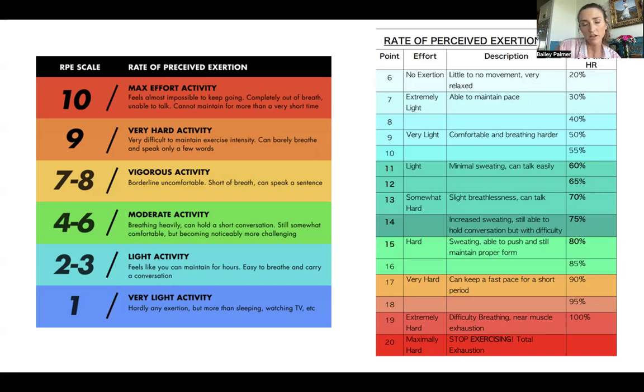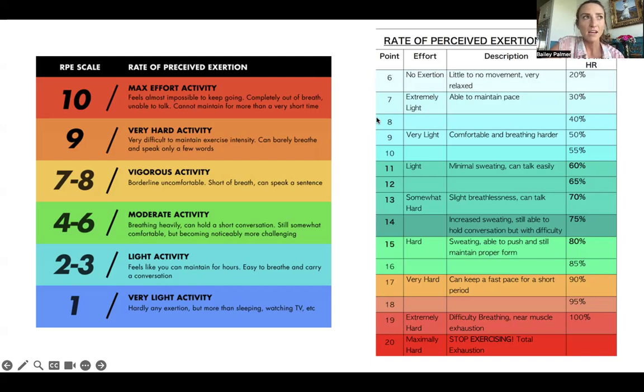One that's not on your slides, but I will talk about it right here, is called the talk test. And you may be familiar with the talk test. If I can talk like I am right now and carry on a conversation while I'm exercising, I'm probably exercising at a very low intensity.